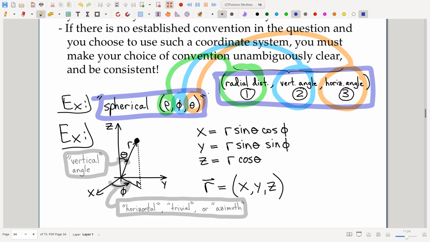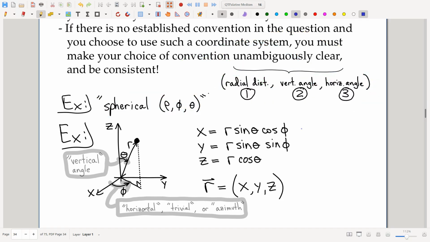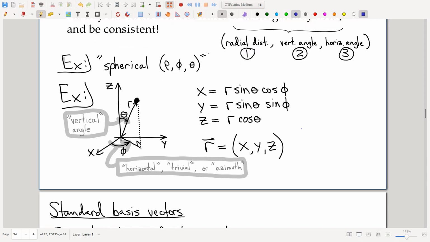So using this convention, Kali uses rho phi theta. Physicists use r theta phi. If you want to do it the physics way, then another way that you can communicate what you're doing is you could just translate this appropriately.